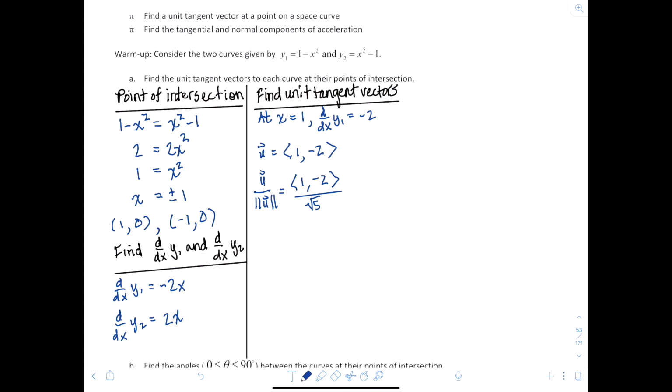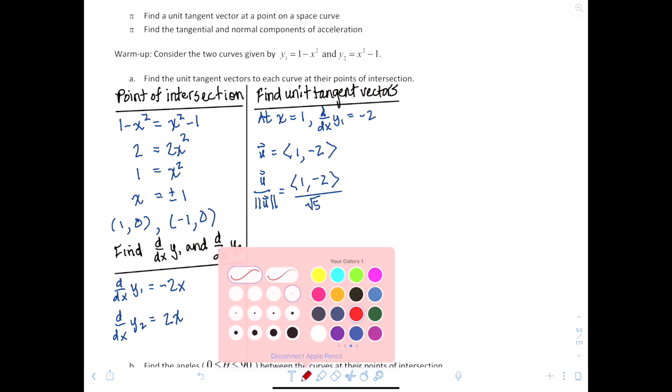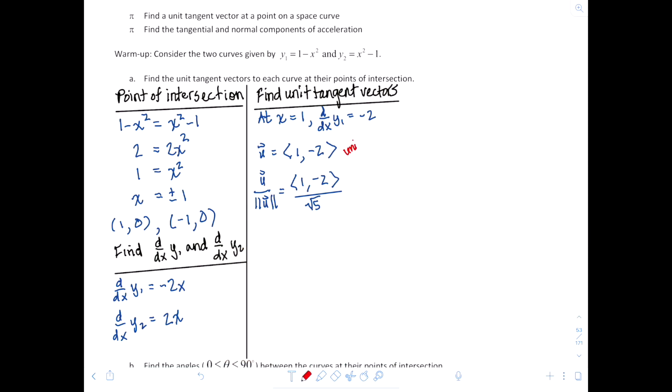Cool so far? And so what we found is this is the unit vector tangent to y1, because we use the slope for y1.